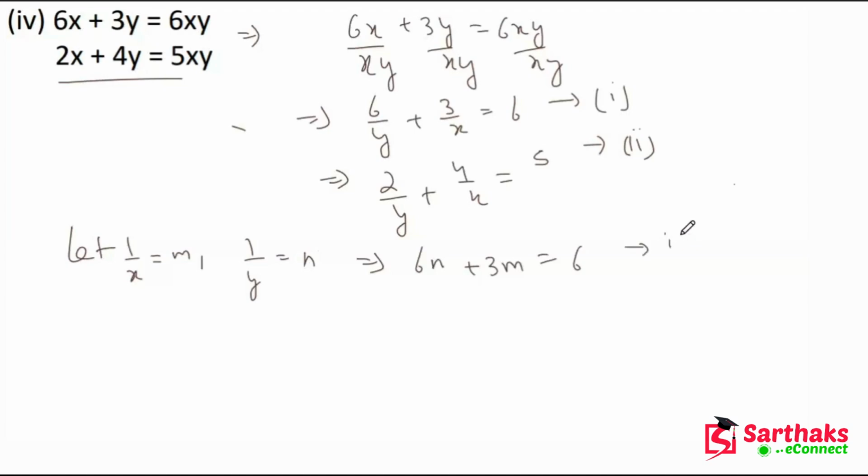This is equation first. And here is 2n plus 4m is equal to 5. This is our equation second.